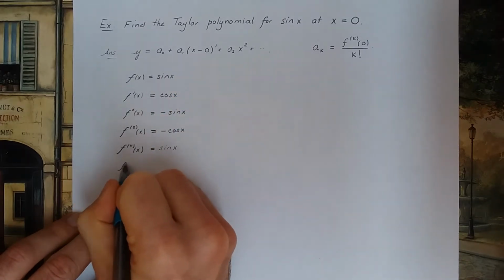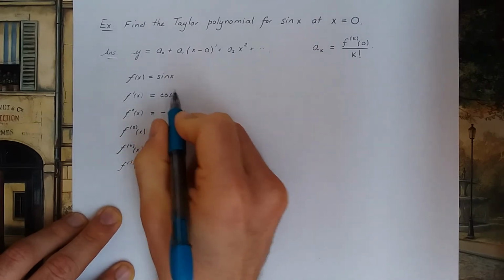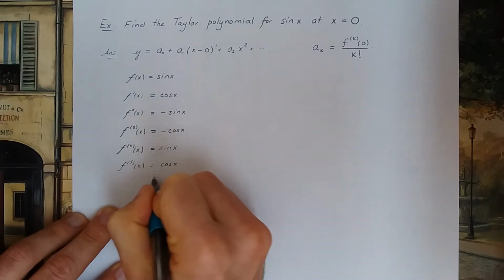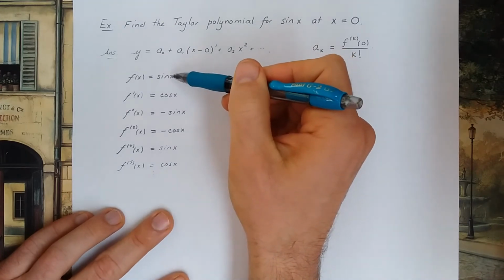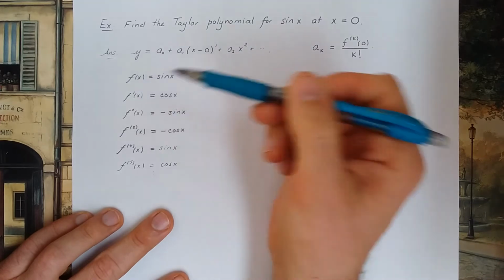So the fifth derivative is going to be the same as the first derivative. This pattern is going to continue. So the derivatives are always going to be sine, cosine, negative sine, negative cosine, and then repeat.